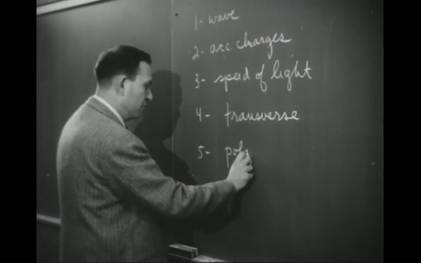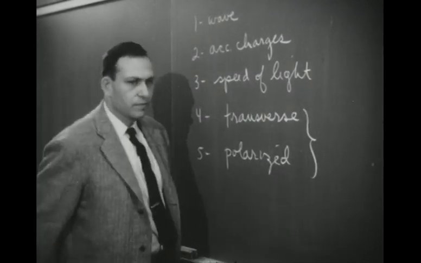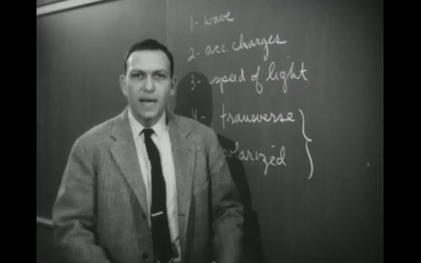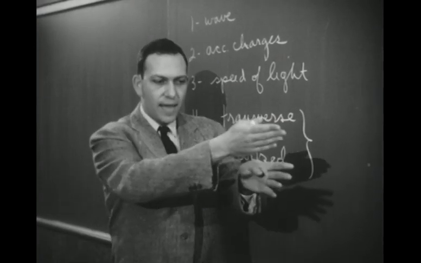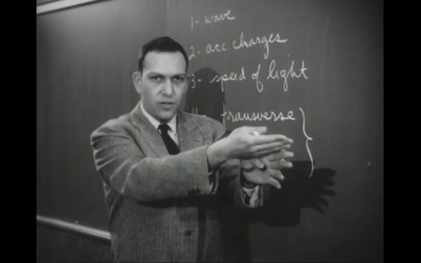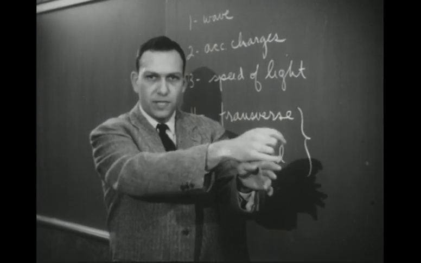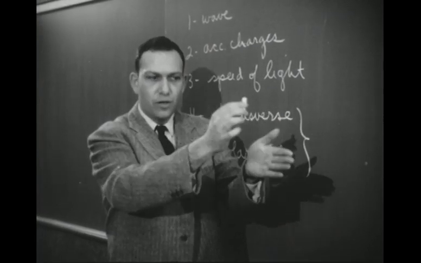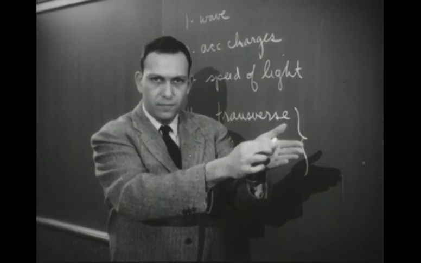And this property is related to the fact that they are transverse. We mean when we say that they can be polarized, that we can select any plane containing the direction in which the waves travel and can force the electric vibration to lie in that chosen plane.